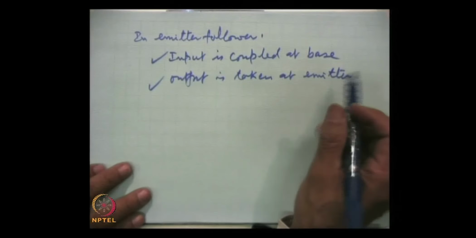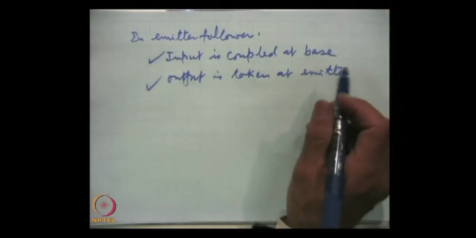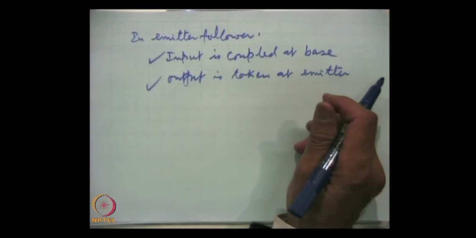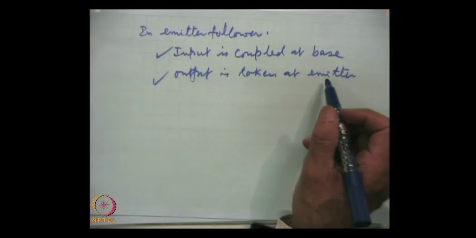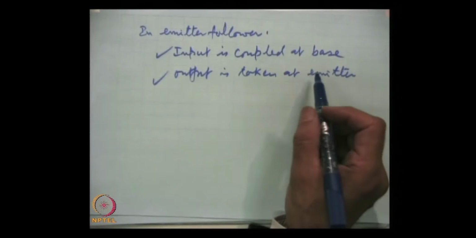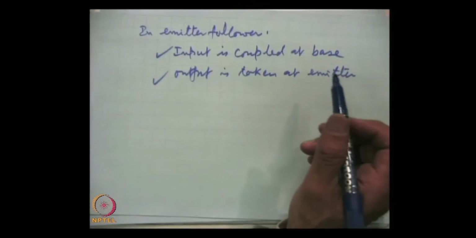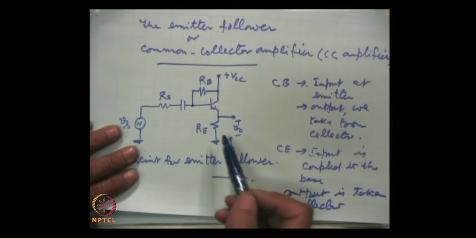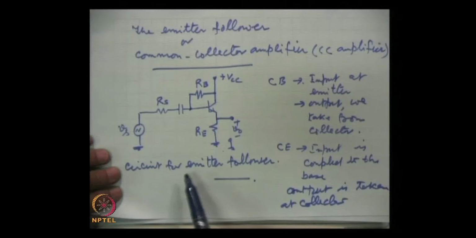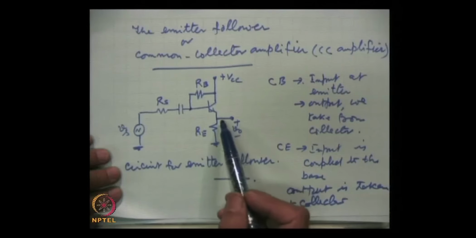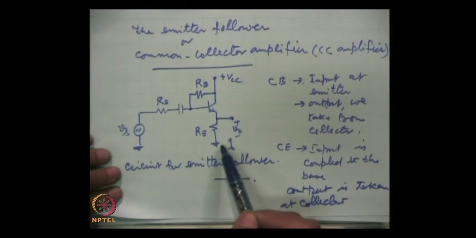Now, in general, when you look at a complicated circuit, there will be several stages. If you find that the output is being taken from the emitter, then you can be sure that it is an emitter follower circuit, because the circuit shown here is in isolation, just one stage, so it is very easy to see that the output is being taken from the emitter.